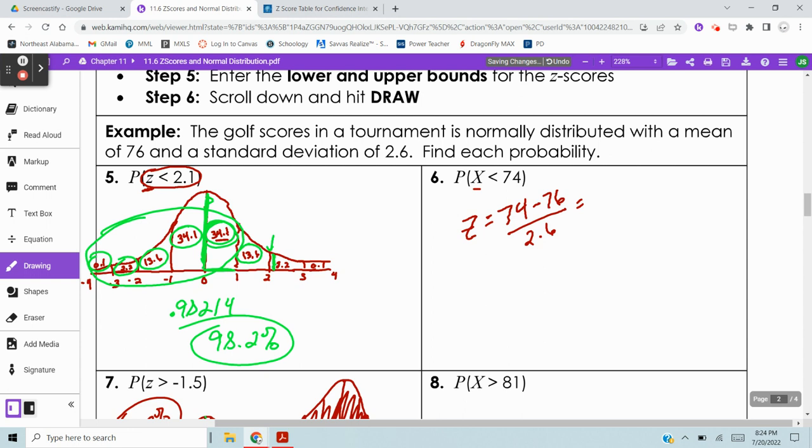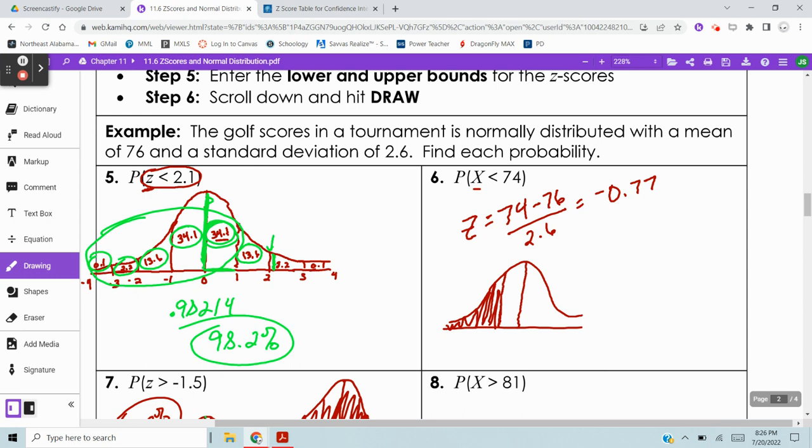So on this problem, number 6, we get a z-score of negative 0.77. So what we're looking for is how much, here's our mean. So negative 0.77 would be a little bit left of the mean, right there, not quite one standard deviation away. So we're wanting to know how much of our probability is lower than that z-score.